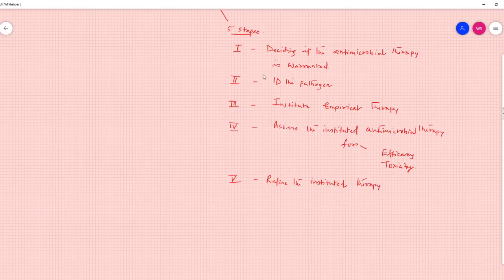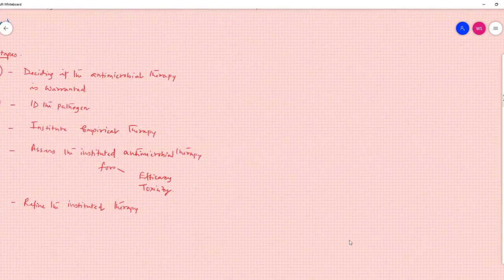Okay. So these are the 5 stages that we are going to discuss in some detail. Okay. So the first one is to decide if the antimicrobial therapy is warranted.